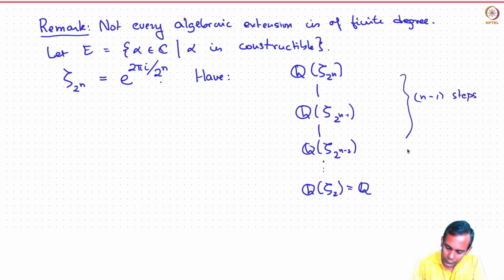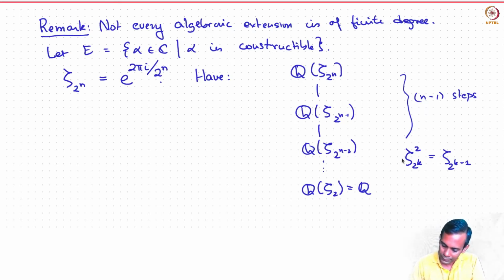And note that zeta_{2^k} whole squared is zeta_{2^(k-1)}. If you take this element and square it, you will get 2 times 2 pi i divided by 2 to the power k, which is 2 pi i divided by 2 to the power k minus 1.